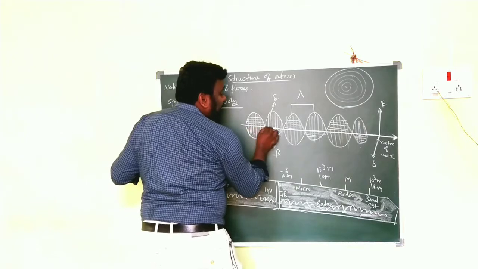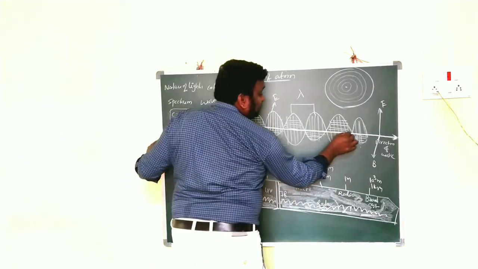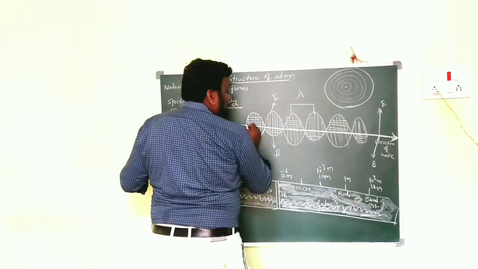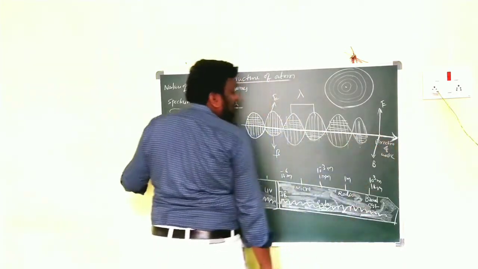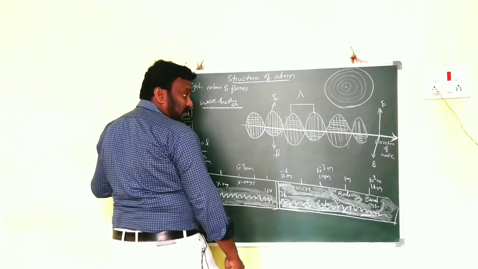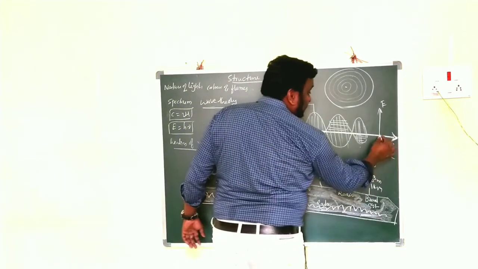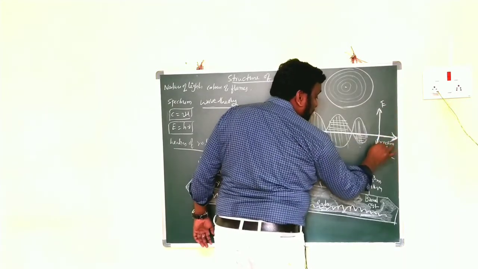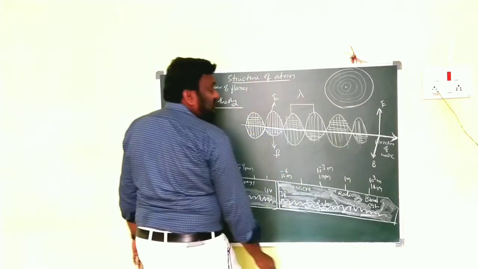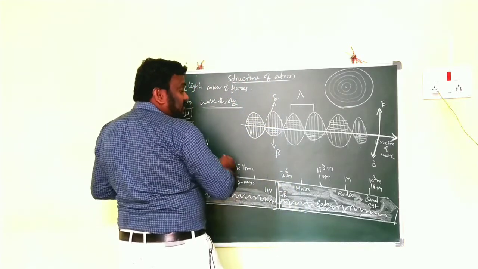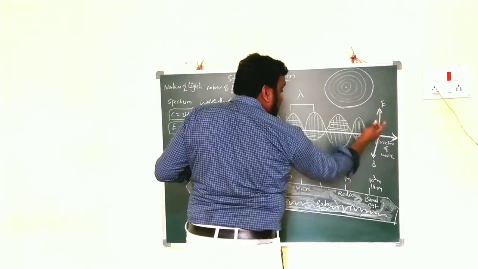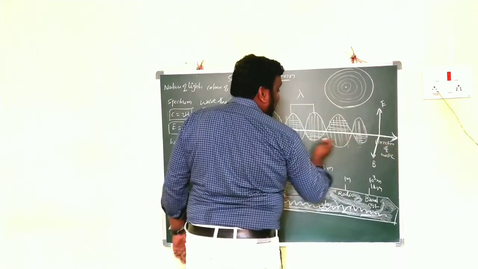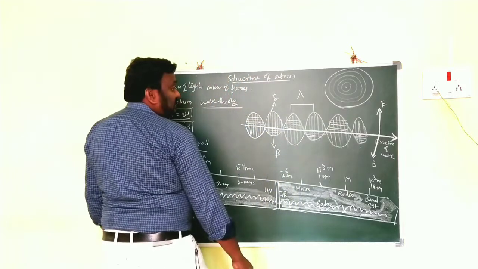The light wave is moving in this direction, and the arrow mark shows the direction of propagation. For that, the electric field is in this direction and the magnetic field is in this direction. Clear? That means the electric field vectors and magnetic field vectors are both perpendicular to the direction of propagation of the wave, children.